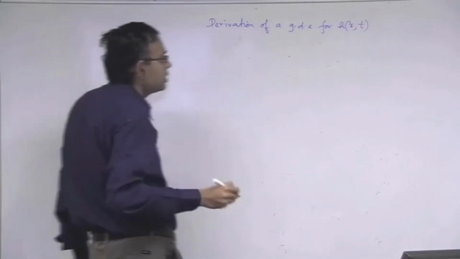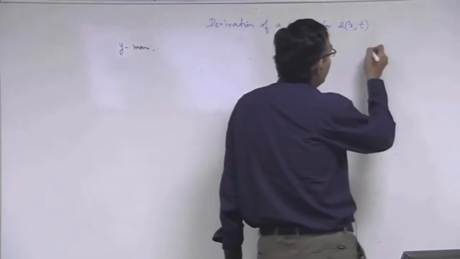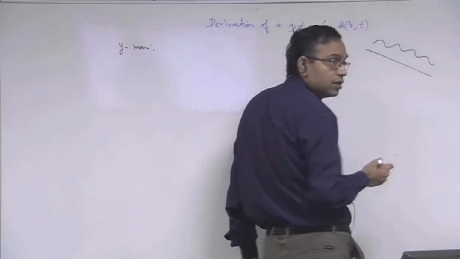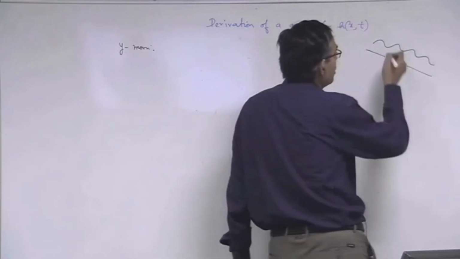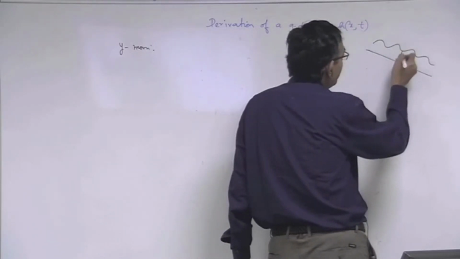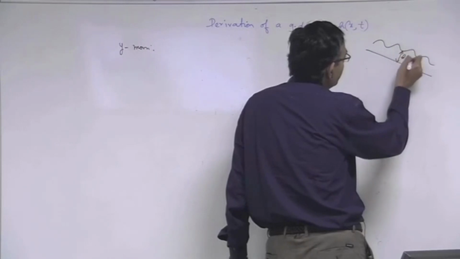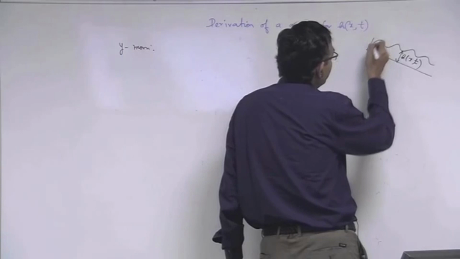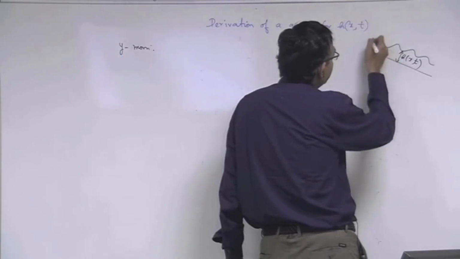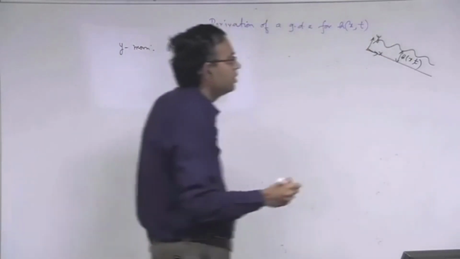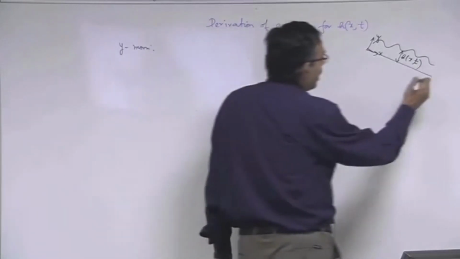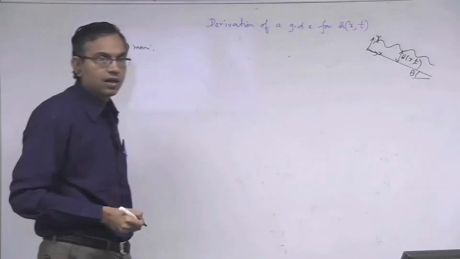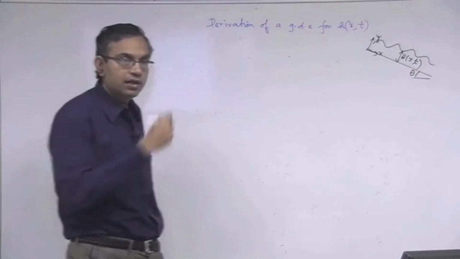What is the physical scenario? You have a solid boundary over which you have an interface, a thin film H as a function of x and t, and you have x and y axes set up in this way, where the angle of inclination of the inclined plane with the horizontal is theta, and g is acting vertically downwards.